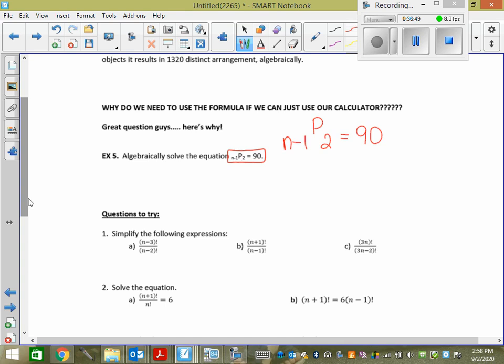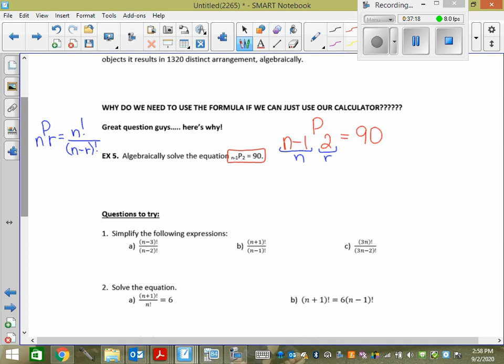The formula is this: nPr equals n factorial over n minus r factorial. Okay? So technically, this is nPr. This is n, and this is r, right? And then it just equals 90, which we'll do after.